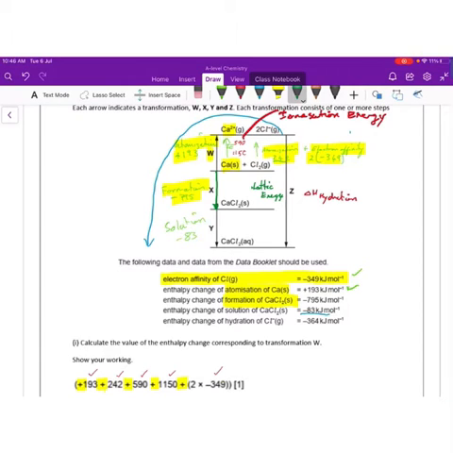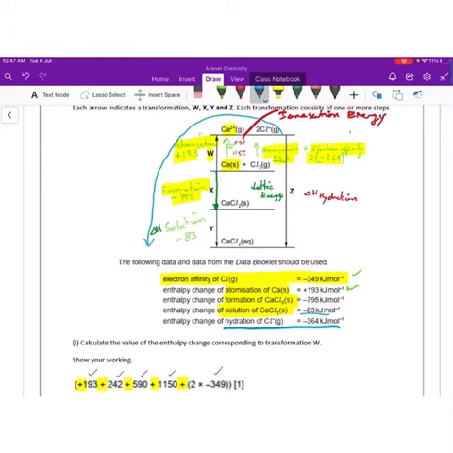From solid to aqueous, this is my enthalpy change of solution. This is the next one that is given to me, of calcium chloride. And then there is the enthalpy change of hydration given. Let's do this in blue.